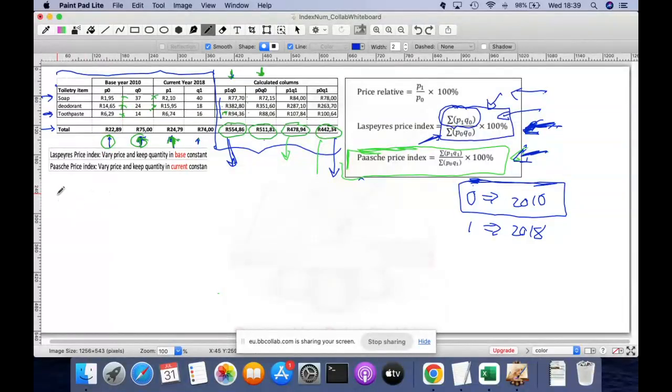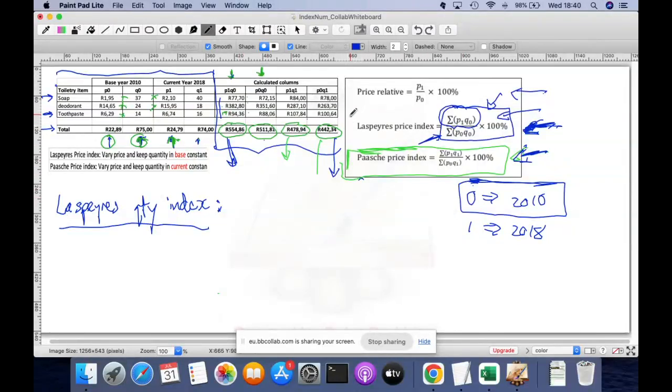So the question could say, what is the Laspeyres quantity index? I'm just going to write QTY for quantity index. Now you need to write the formula down. Don't feel intimidated by this. If you just keep the principles that I mentioned earlier in mind, you'll be fine. We're working with the Laspeyres quantity index, but that formula is not given, so we need to write that formula out.